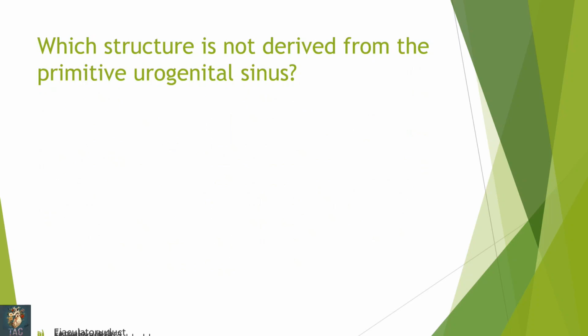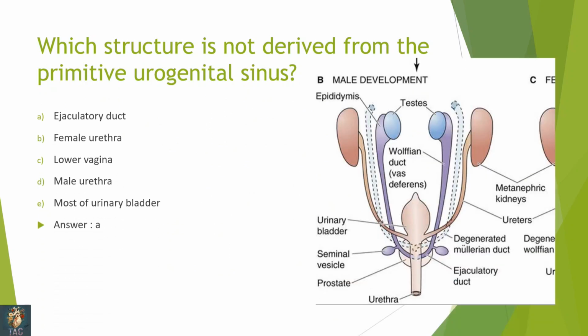Next MCQ is, which structure is not derived from the primitive urogenital sinus? The options are the ejaculatory duct, the female urethra, the lower vagina, the male urethra, and most of the urinary bladder. So we all know that the female urethra, lower vagina, almost all of the male urethra and most of the urinary bladder all develop from the urogenital sinus, while the ejaculatory ducts are formed from the Wolffian duct or the mesonephric duct.